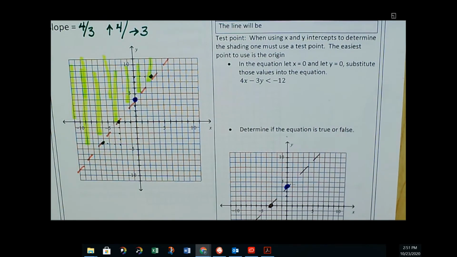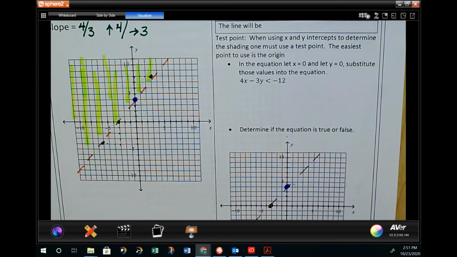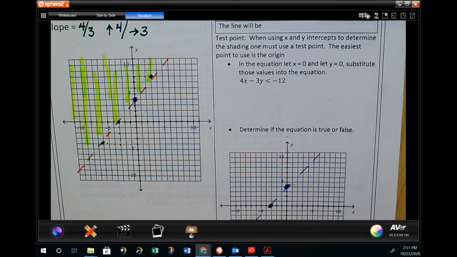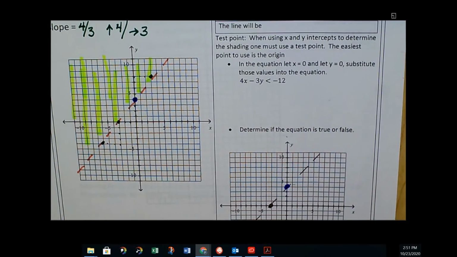So here's the problem when you use x and y intercepts, is that you have to do a test point to figure out where to shade, if I'm going to shade above or below. The easiest test point is to let x be 0, 0. So I'm going to test this point 0, 0, and see if that's true or false.